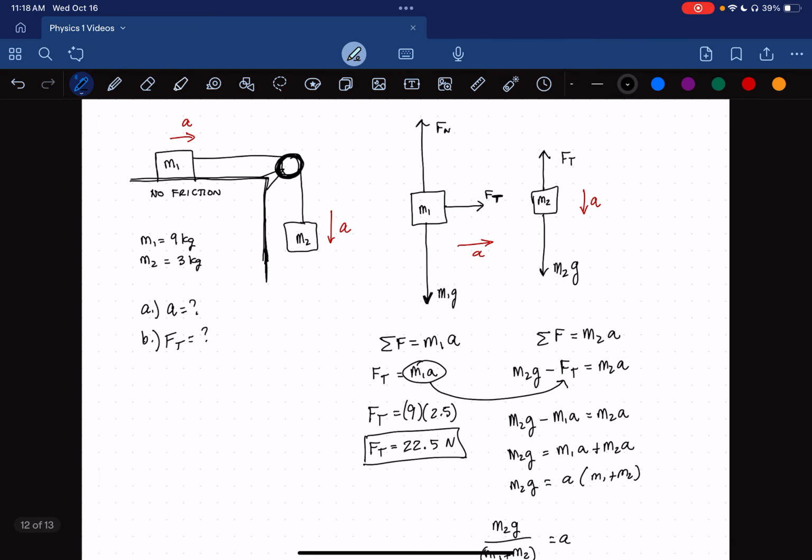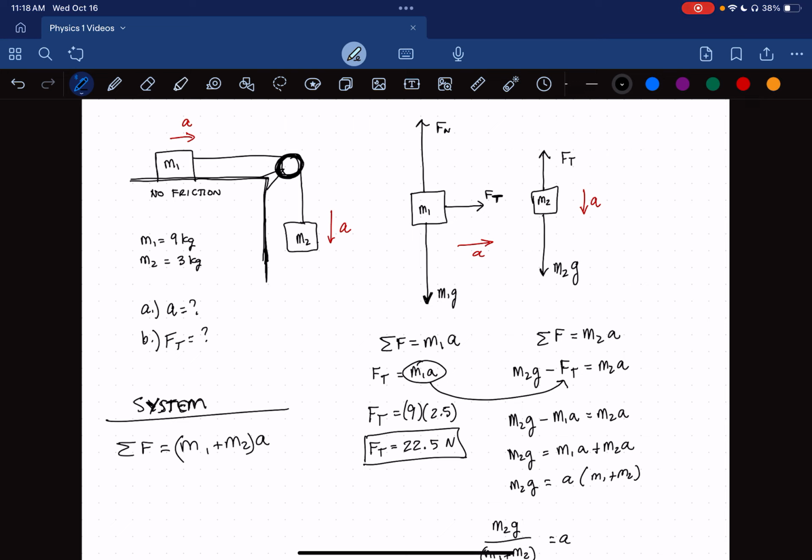Now, these objects are moving with the same acceleration. They're moving kind of together, so we can also look at this as a system. We imagine that those two masses are together. The sum of all forces on that system is equal to m1 plus m2 times a. We have to think about what forces are causing the system to accelerate, and are there any opposing forces to that acceleration for the system?